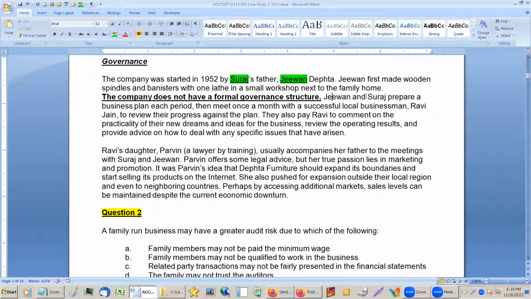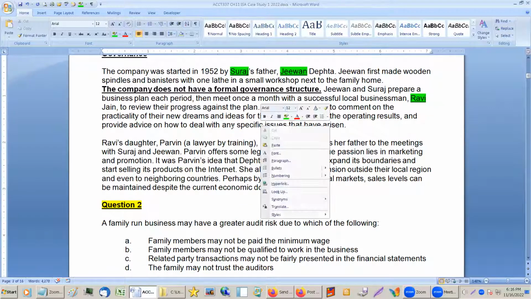So Juan and Siraj prepare the business plan and meet once a month with a successful local businessman, Ravi, to review their progress against the plan. They also pay Ravi to comment on the practicality of new ideas and how to deal with specific issues.